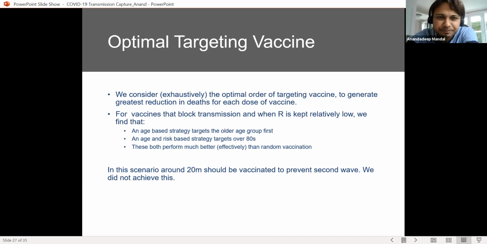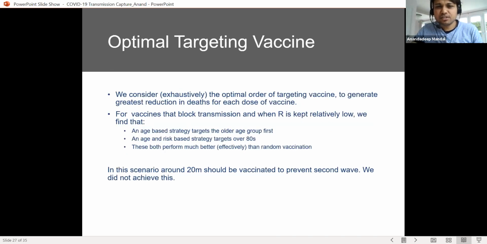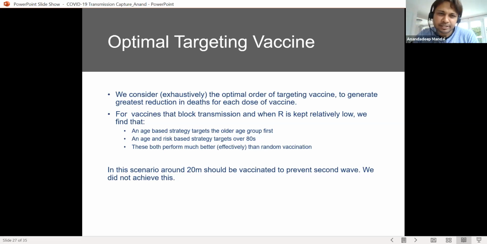For vaccines that block transmission when the R is kept relatively low, our aim was that it should be transmission blocking, so it reduces the transmission, and we need to see how, while blocking transmission, it also reduces the mortality rate.